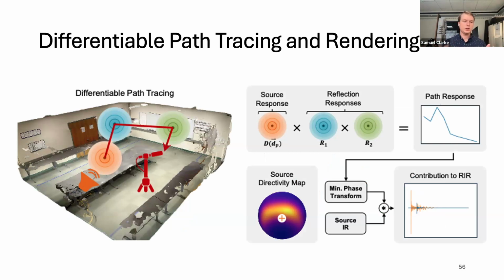And then we continue to update our parameters according to a loss compared to the ground truth impulse response we measured. And by taking these 12 different ground truth impulse responses we had from the different microphones, we can adjust our estimates of each of these parameters in this joint optimization process.